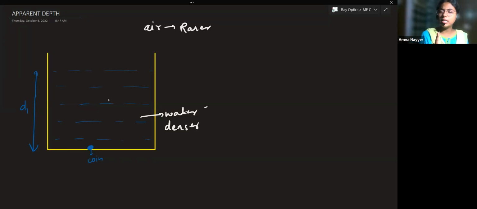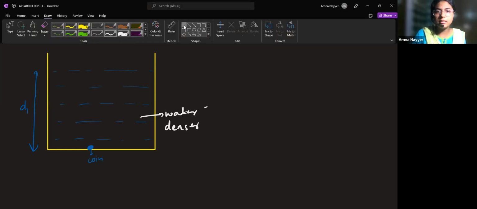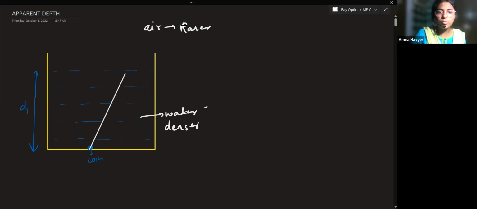Wherever the object is kept, from there only you have the rays passing. So the coin is kept at the bottom. So it means now light rays will come from here. Had the object been kept over here, then we would have sent our rays through it. Now the coin will be sending its rays. So rays will come.